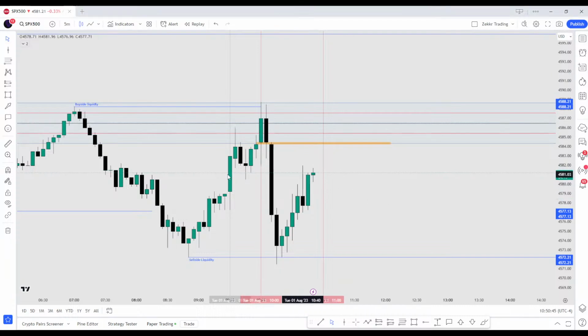If I get a displacement and a fair value gap, I'll enter. It looks like it's okay.